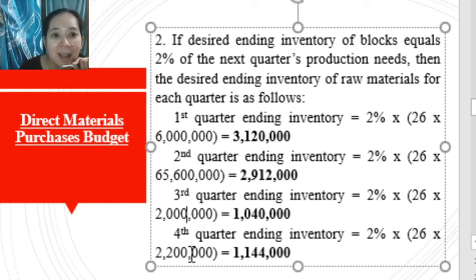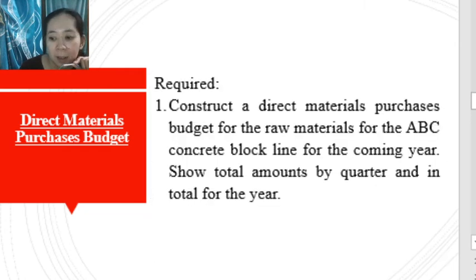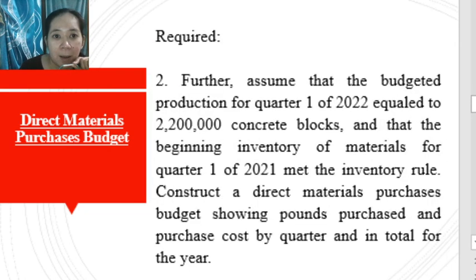Okay, and in this case, what about this one? This 2.2 is given in our requirement. Here, the budgeted production for quarter 1 of 2022. Okay, this is the next year. We are preparing for 2021.